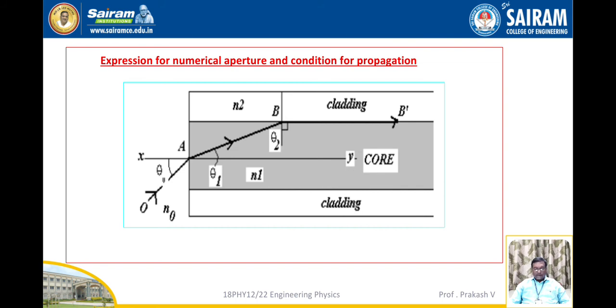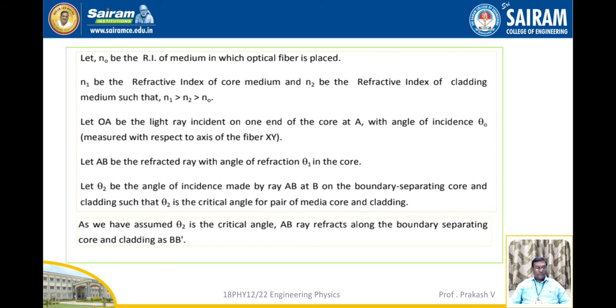In the next slide, you can look at the way they are all placed. Here N0 is the refractive index of the surrounding medium in which the optical fiber is placed. N1 is the refractive index of the core medium and N2 is the refractive index of the cladding, and it is observed that N1 is greater than N2. Now let us consider OA as the light incident at an angle, say, theta naught, entering the optical fiber at A. Let AB be the refracted ray at an angle, say, theta 1 within the core.